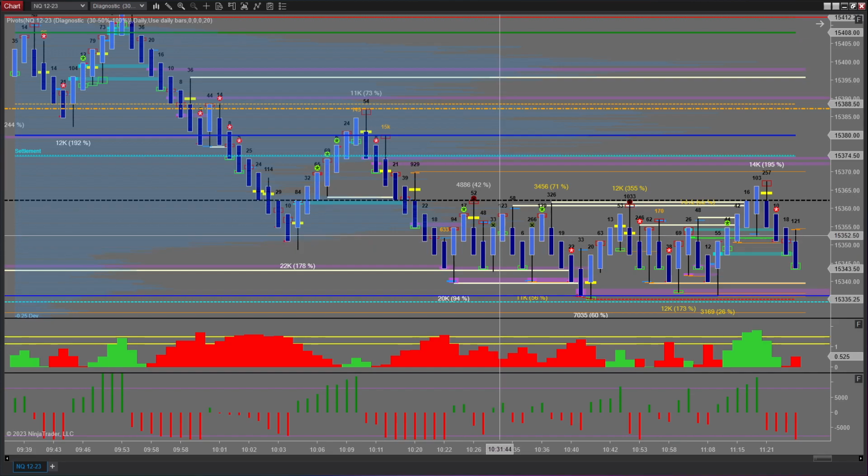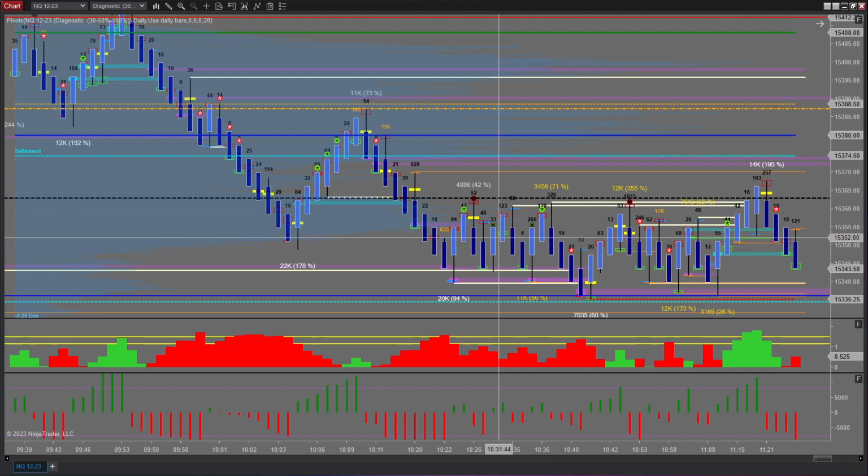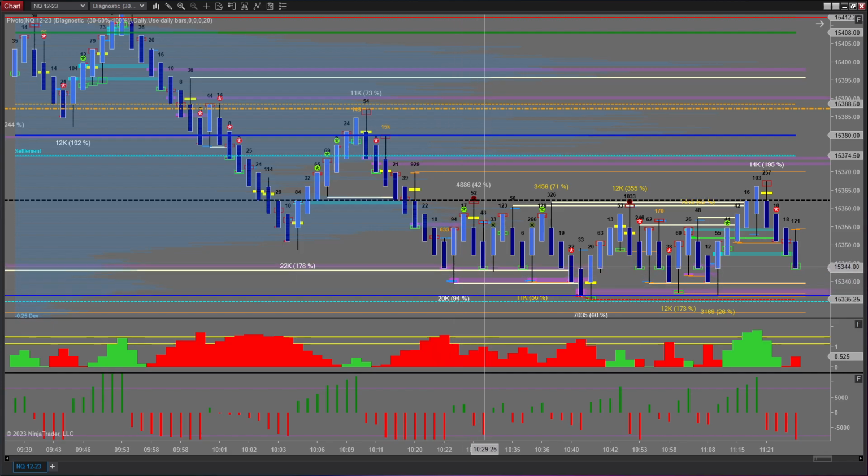So you could easily get 10 points. That's $200 each contract with the risk. So I put an order to go long here at 343. My stop went under at 339. That's 4 points of risk.